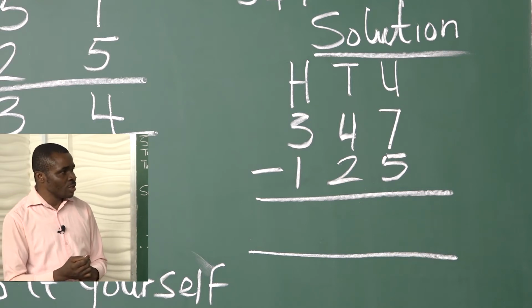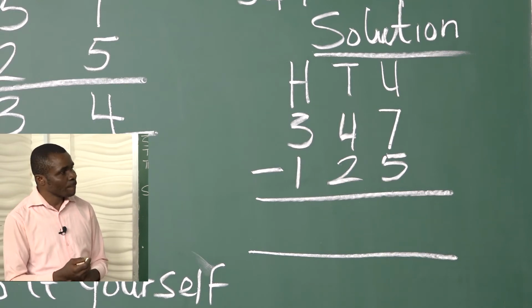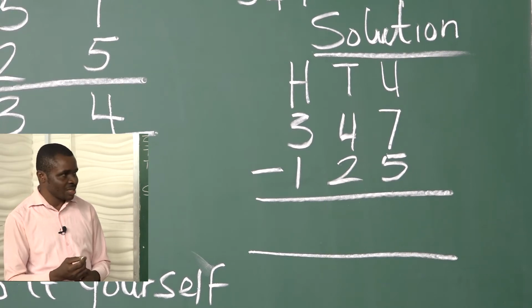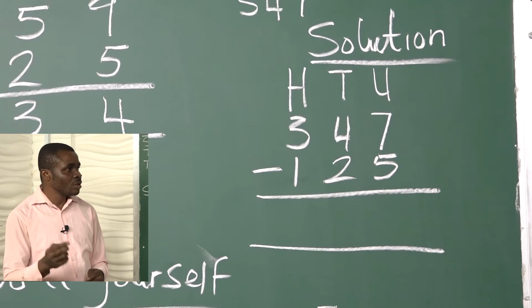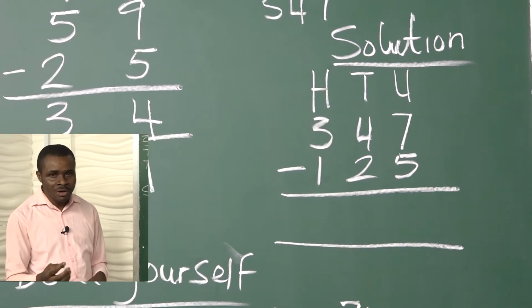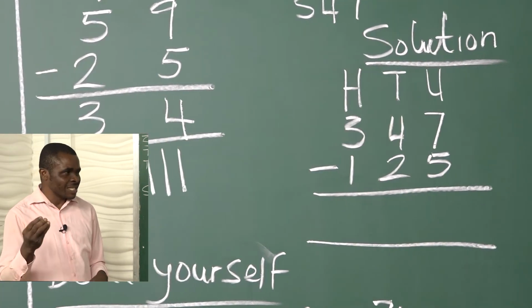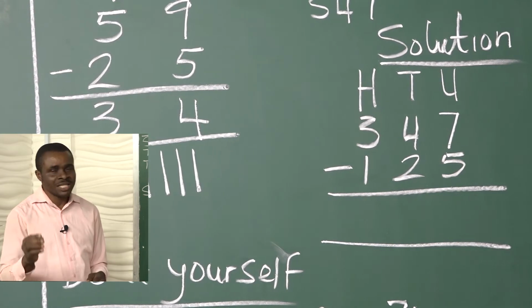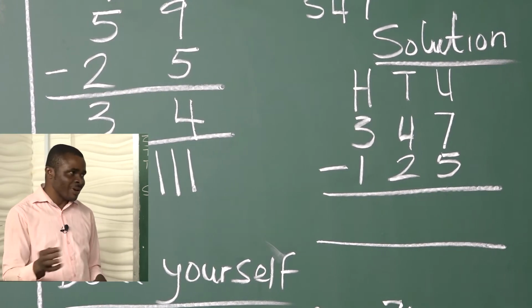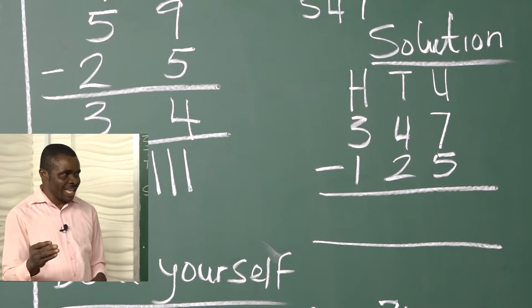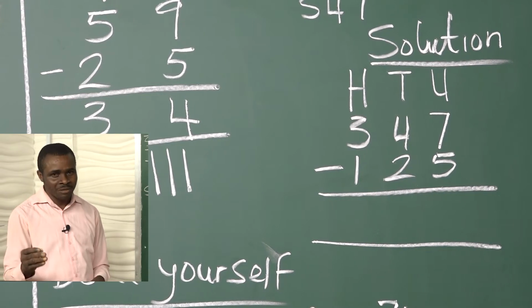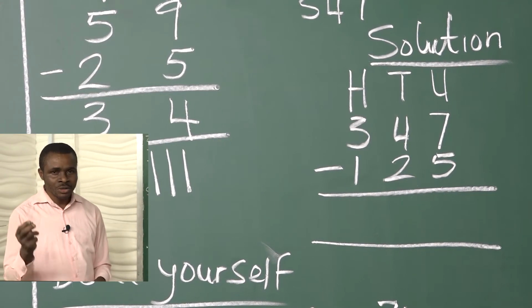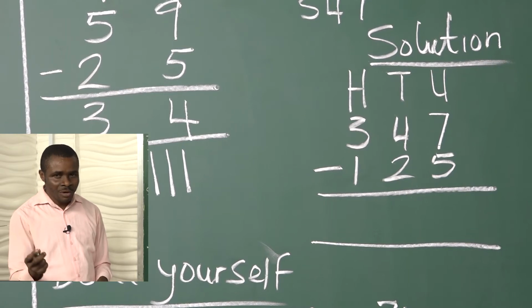Now let's do the subtraction. First, you count strokes into the 7 place: 1, 2, 3, 4, 5, 6, and 7. After counting 7, take away 5. You count 5 inside the 7: 1, 2, 3, 4, and 5.